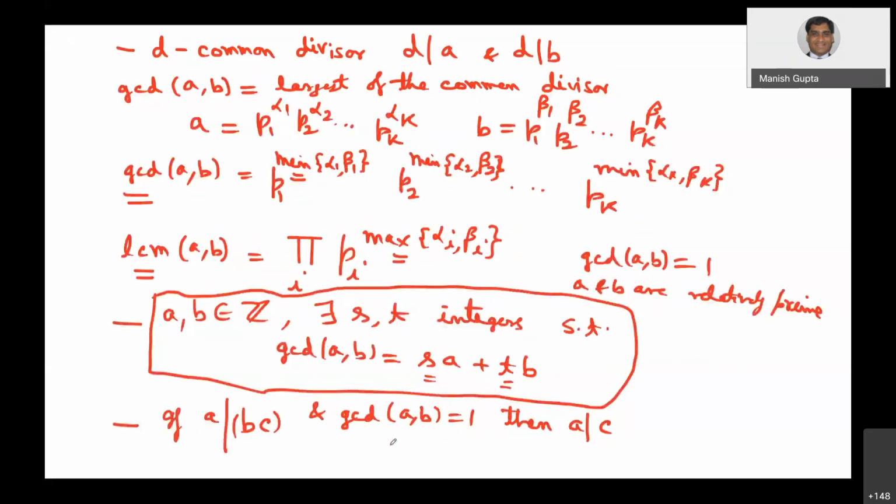Now I am going to give you one more definition. Of course, we are using it quite often. Suppose n is a positive integer, and suppose a and b are integers.